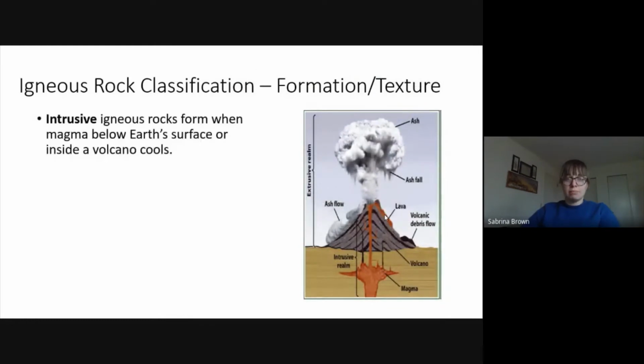So specifically, we have intrusive igneous rocks, which form when magma underground or inside of a volcano cools. When magma cools underground, it has a really long time to cool, right? Because the temperature isn't changing very quickly. It's kind of sheltered.